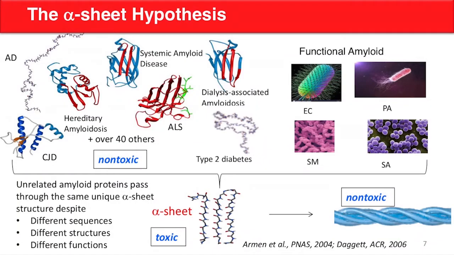And we've also looked at the peptides and proteins from those systems: E. coli, Pseudomonas aeruginosa, strep mutans, Staph aureus, and others. And they also funnel through alpha sheet. And so we have a very general process going on here.